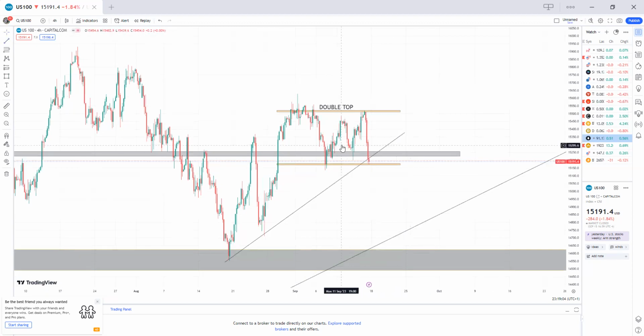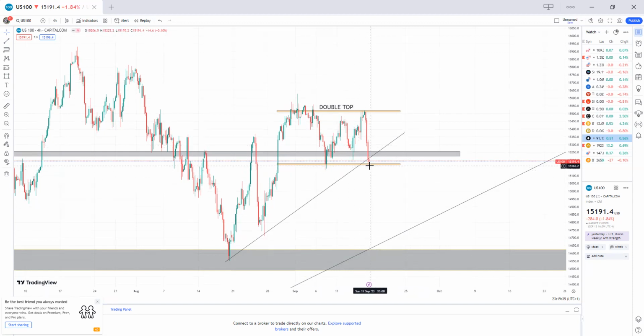So we have formed a double top on NASDAQ. But before I take action on this, I need to see something very clearly. I need to see a break below the neckline. Like it states, after a double top you have to see a break below the neckline to sell, because a double top is a reversal sell signal. So I need to see this place to be taken out.